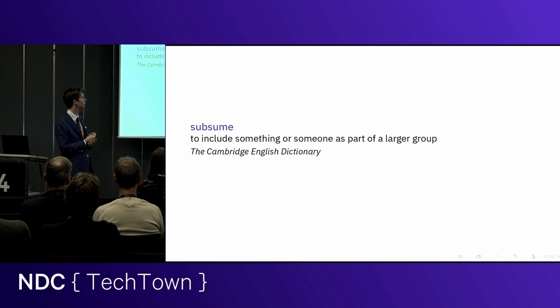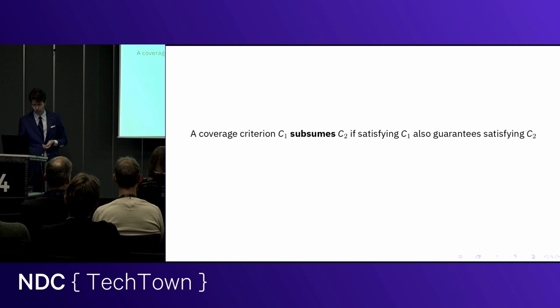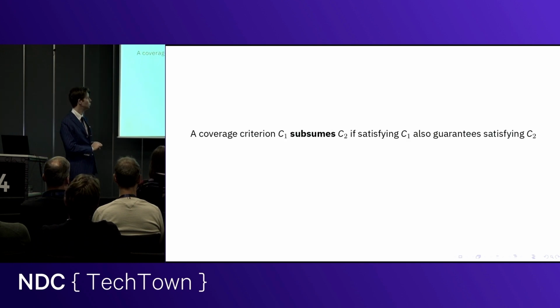I looked that up in the Cambridge English Dictionary, which is an authority on C++. And what that means for coverage is that a coverage criterion 1 will subsume the coverage criterion 2 if satisfying 1 also guarantees satisfying 2, right?